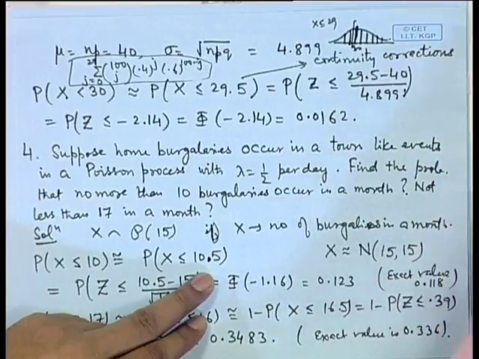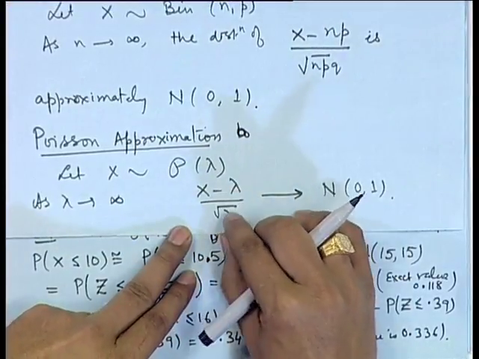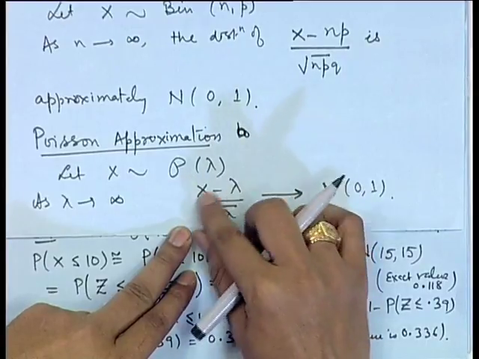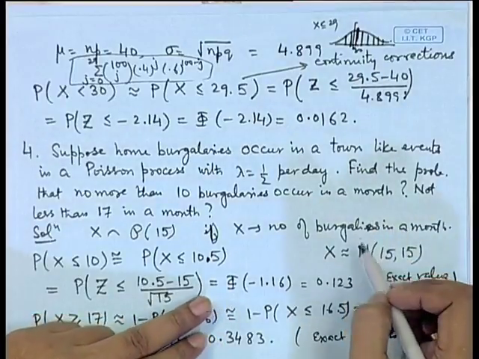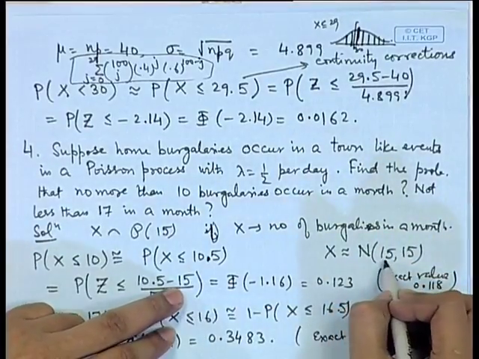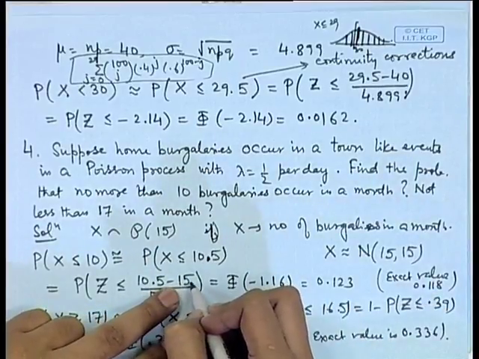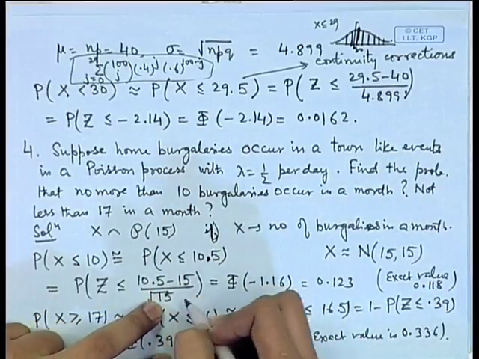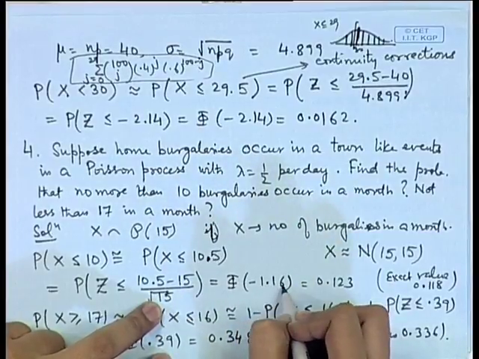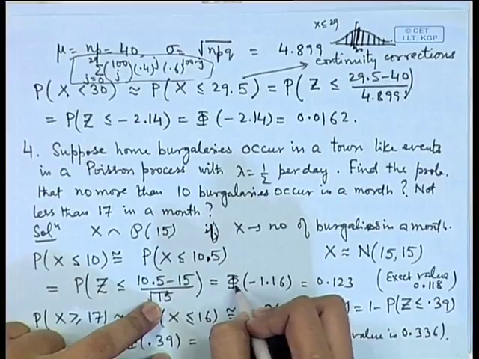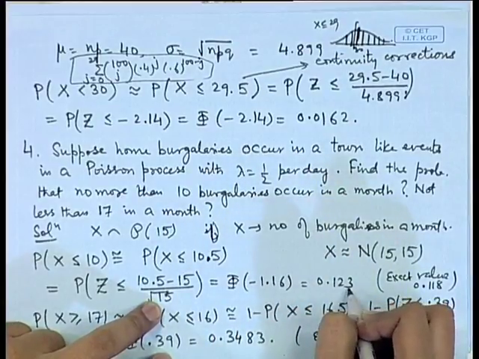If we make use of the normal approximation here, then (x minus lambda) by root lambda is approximately normal as lambda becomes large. So, here it is 15: (10.5 minus 15) by root 15, which after simplification is minus 1.16. So, the value of the normal distribution's cumulative distribution function at this point is 0.123.